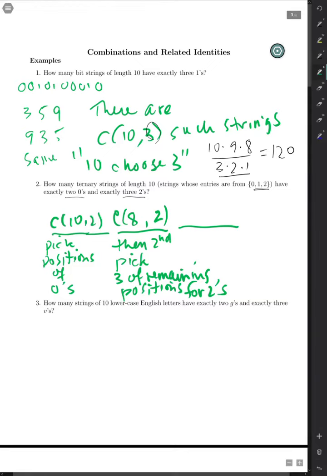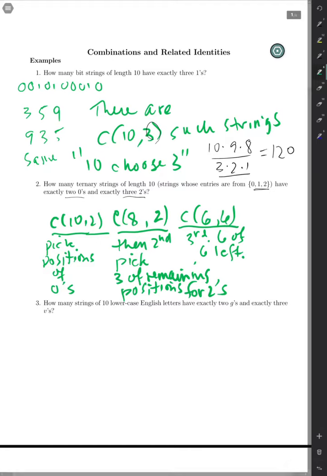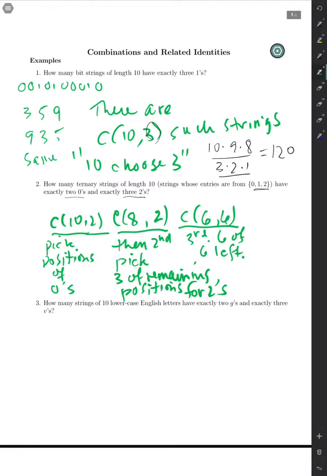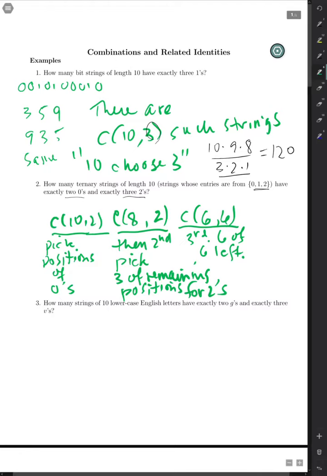Now choose third: we'll choose 6 of the 6 left, so C(6, 6). We don't really have to choose them. There's one way to do that. You have to put the ones in the remaining positions, because the twos we put here.